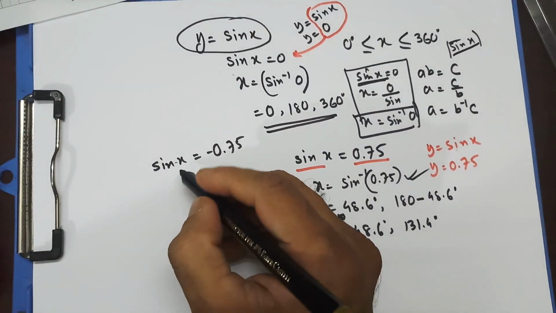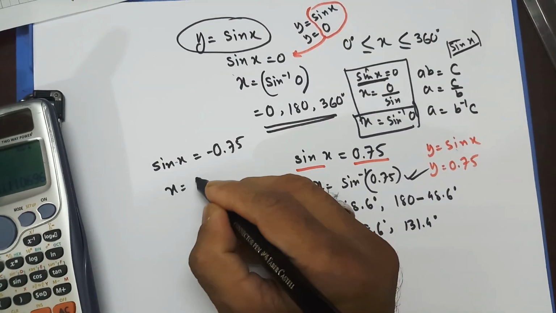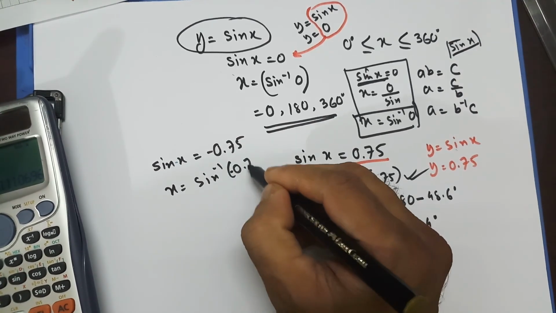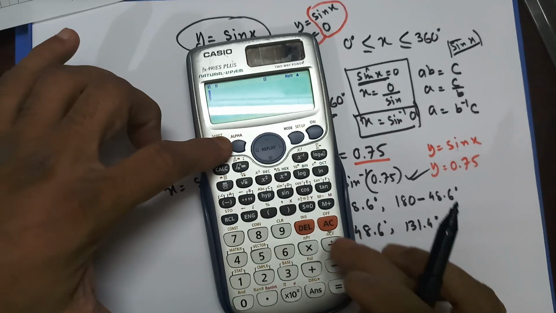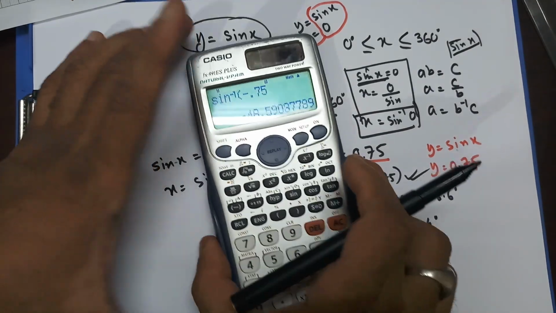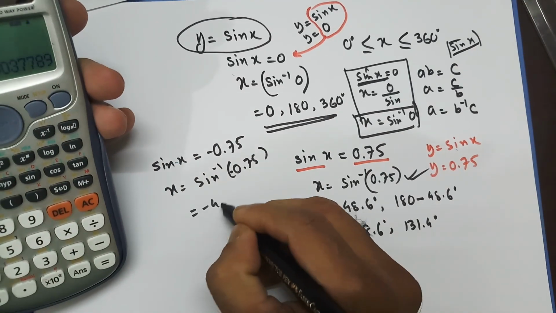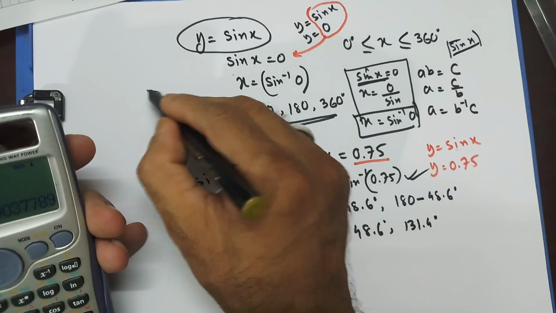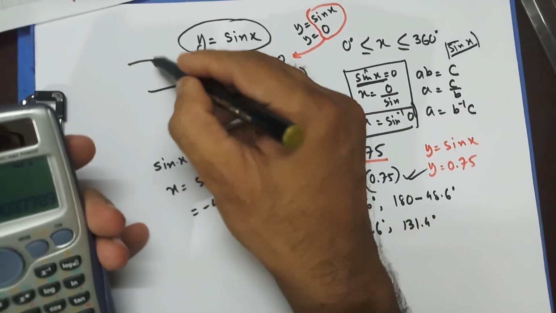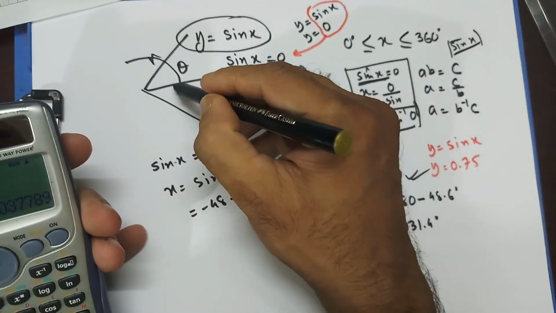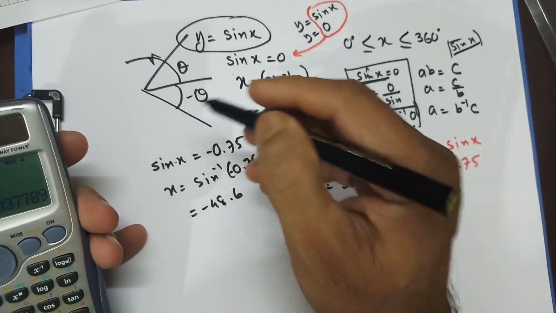Again, let's do x equal to sine inverse of minus 0.75. I got minus 48.6. Now this is negative. Remember that if we go anti-clockwise, that's our positive theta, but this angle means we are coming to this negative on the clockwise direction.